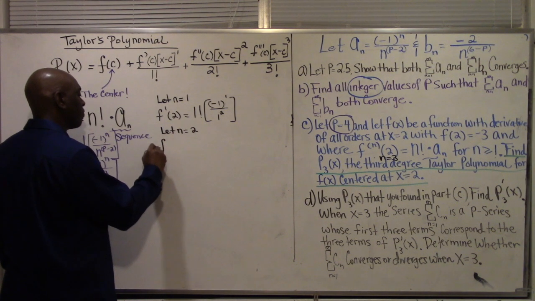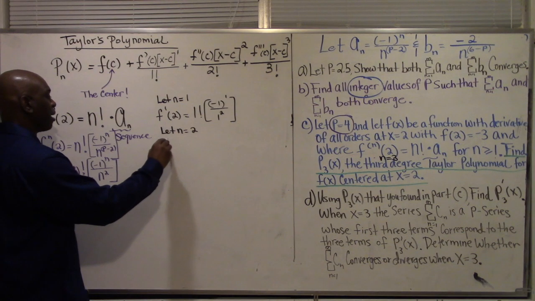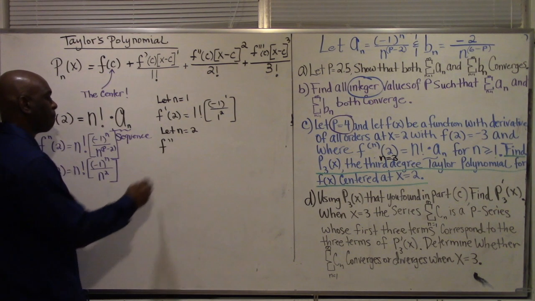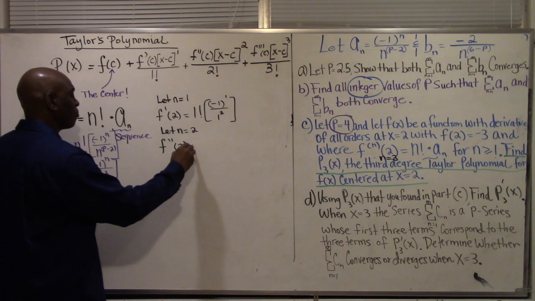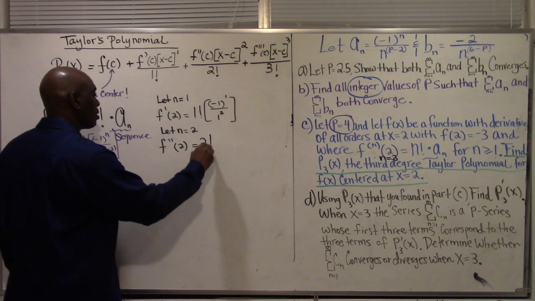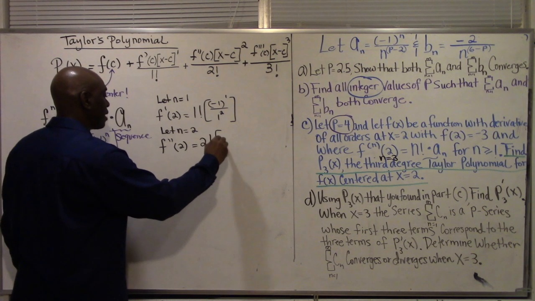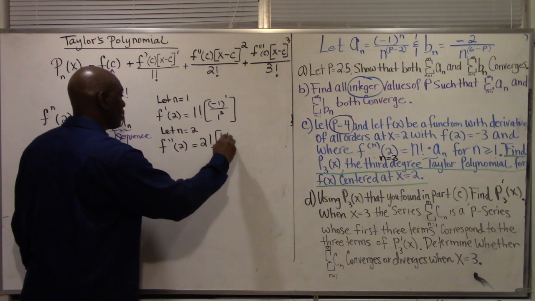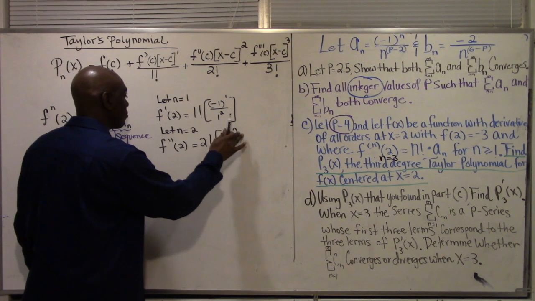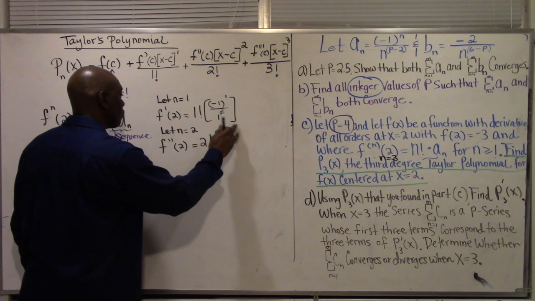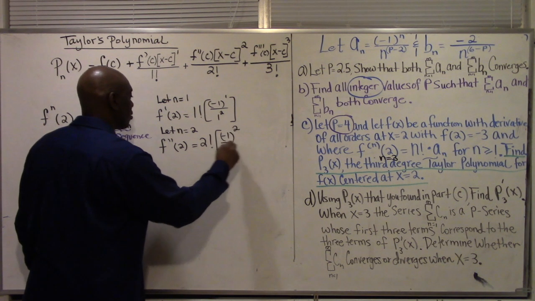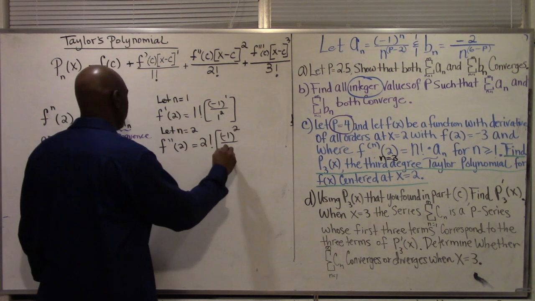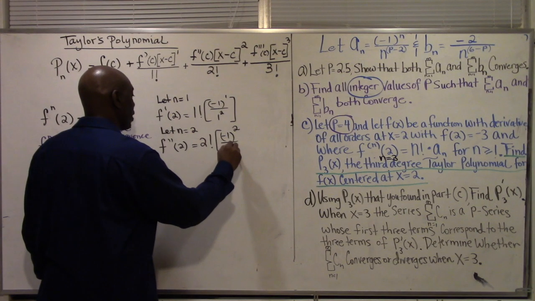So we have f double prime of 2, which equals 2 factorial times -1 squared over 2 squared.